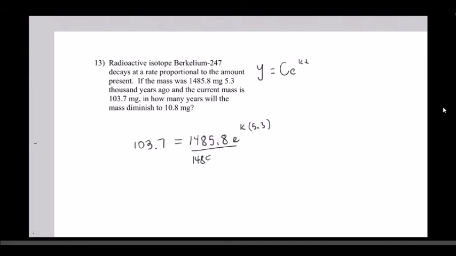So just doing some algebra here. And then if we take a natural log on both sides, natural log is going to cancel e.